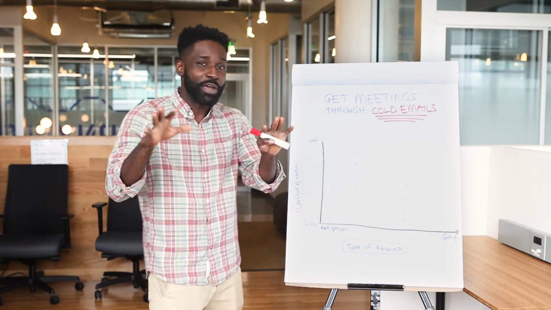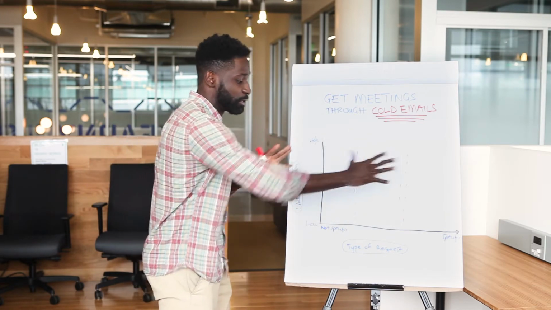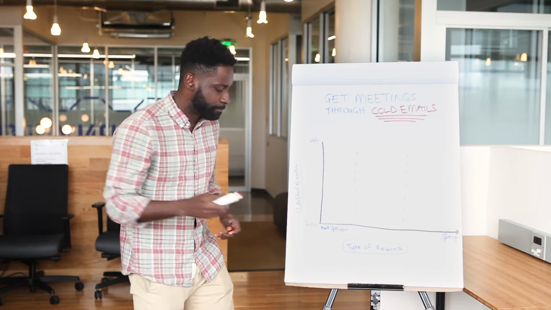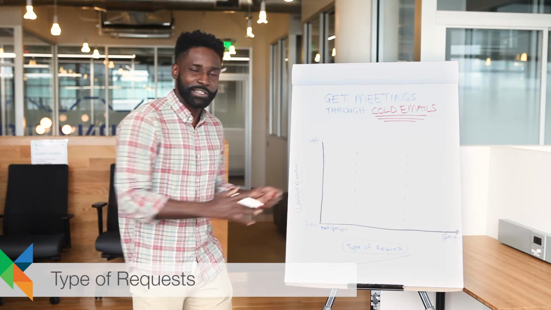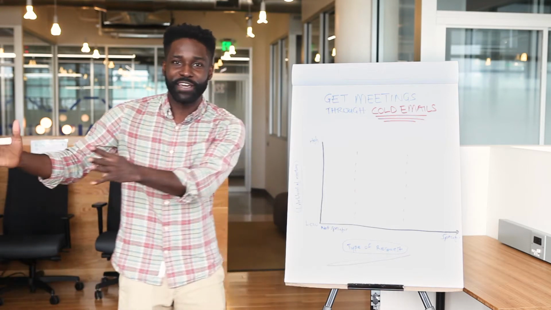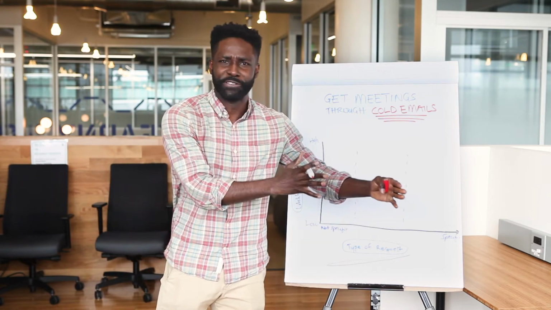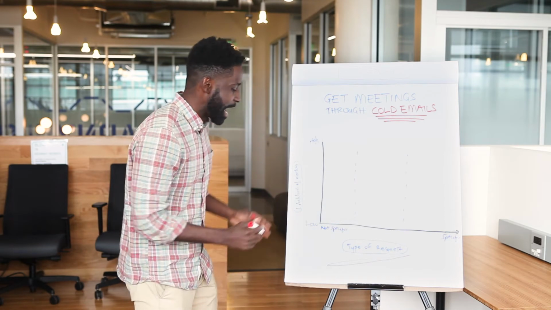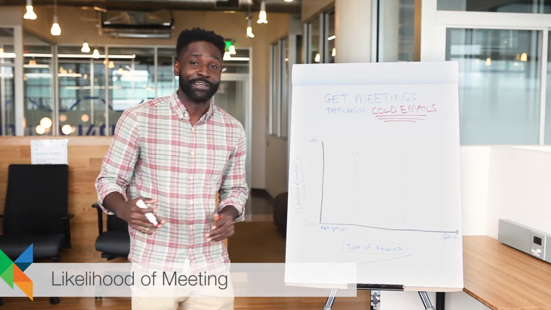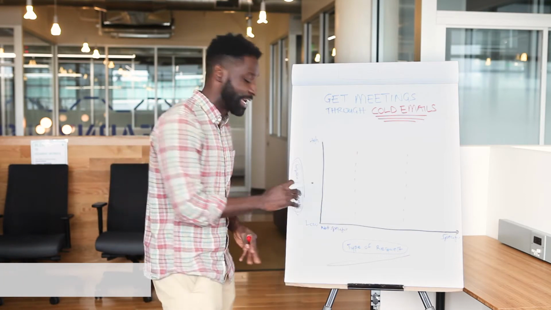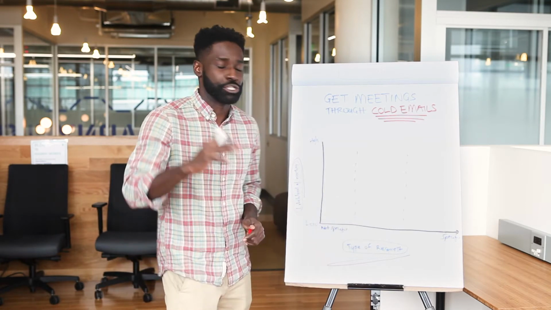Now, one way you should think of it is from this perspective. On this axis, we have the type of request, which is either specific or not so specific, very generic. And on this axis, you have the likelihood of a meeting. So how likely would that type of request get you a meeting?